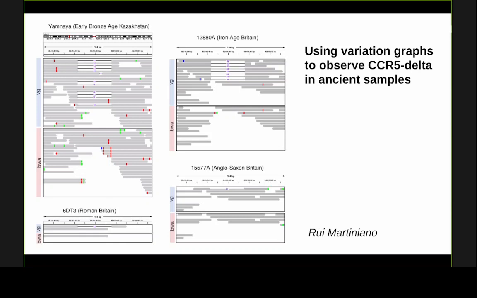Basically, it's invisible because it's close to the length of the reads and so on. And this is just not true with VG. You see the high coverage sample, it's a heterozygote. This is a possible heterozygote as well. And again, this is another one. And we can see this in actual genotyping in these ancient samples. And if you didn't do this with the graph, you could use some specialized method like looking at genomes or something.